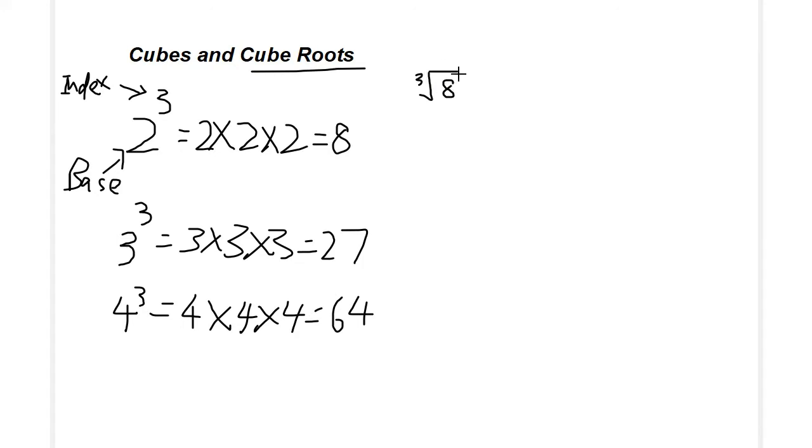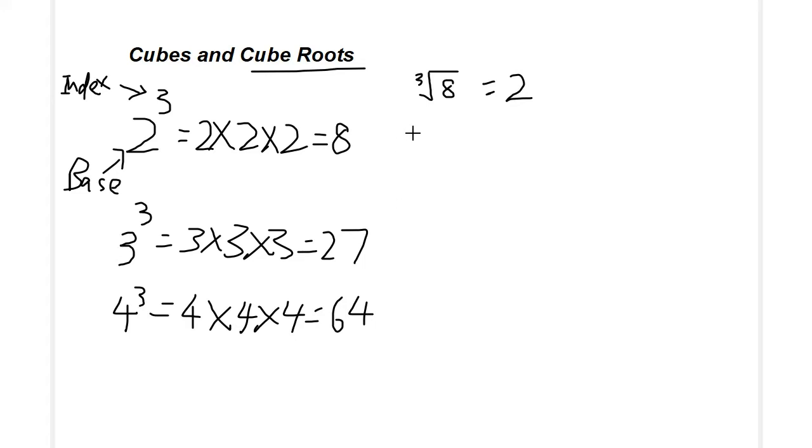A cube root of 8 is the opposite of the cube. So the cube root of 8 will give you 2. The reason is that 2 to the power 3 gives you 8. So cube root is the opposite. When you cube root 8, you'll get back 2.